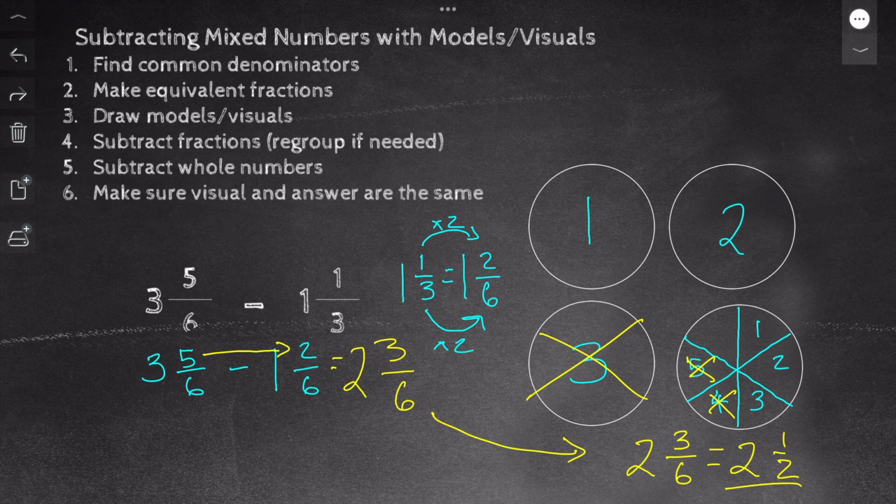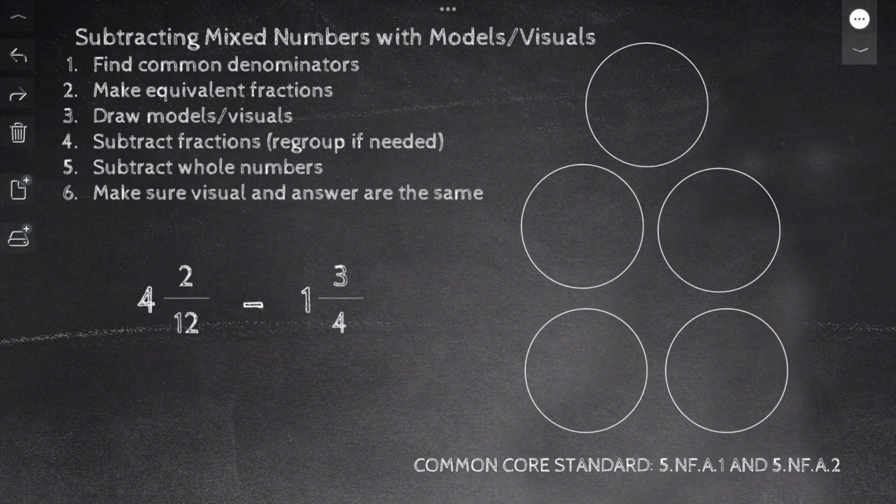Let's jump to another problem and get your paper and pencil out so you can work along with me. Take your paper and pencil, draw out 5 circles, and write down the subtraction problem. I have 4 and 2/12 minus 1 and 3/4. I notice I need common denominators. I have a 12 and a 4. So I need to find my equivalent fraction. I notice 4 can go into 12 3 times, and 4 times 3 equals 12.